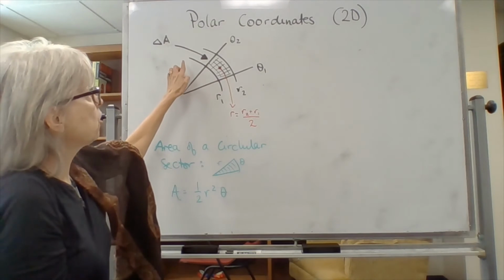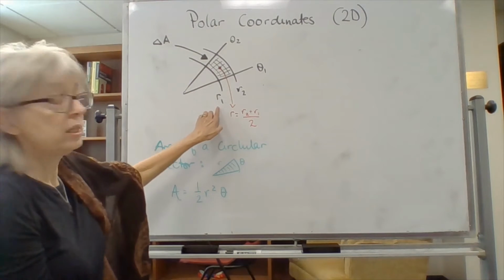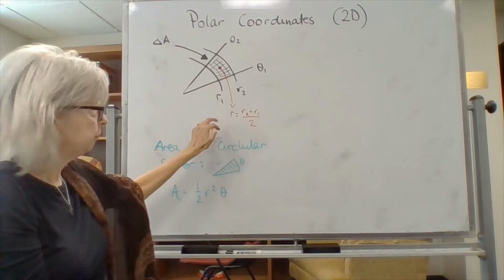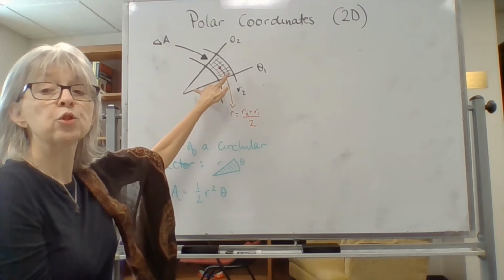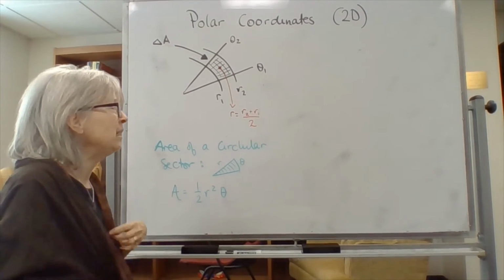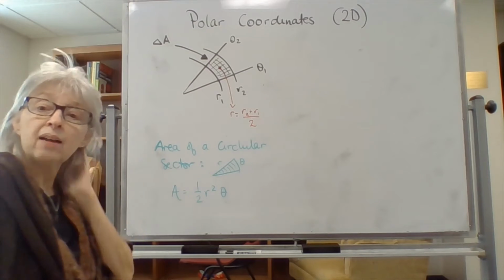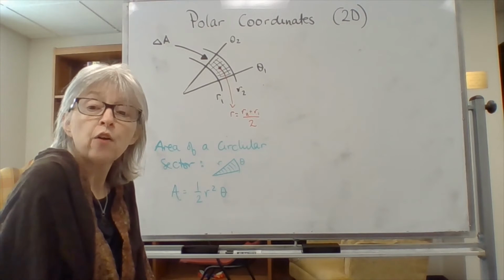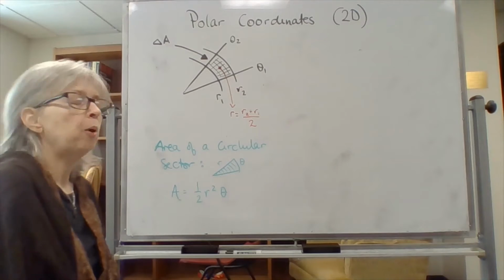So what you see here is I've drawn one arc to represent one step away from the pole, R1, and another arc to represent a further step away from the pole, R2. Now, right in the middle, I have a point that I've labeled with an r value. That's the average of those two radii stepped away from the pole.